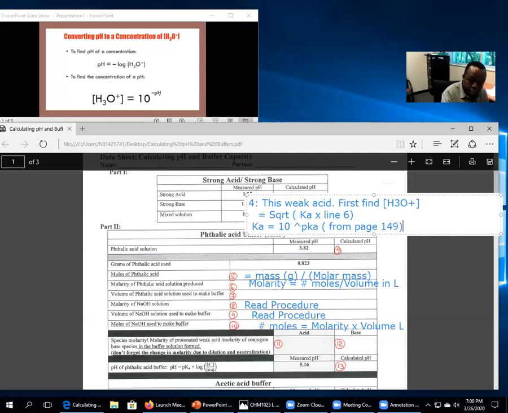That is how you'll find the Ka to plug it into this equation. Where are we getting all this? I expect that you have covered this concept in the lecture and are just applying it in the lab.